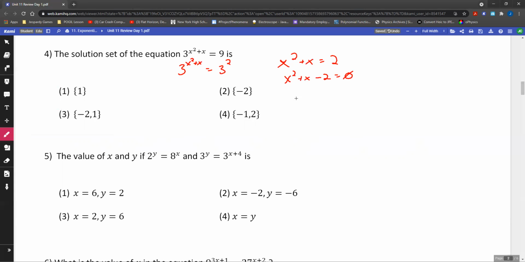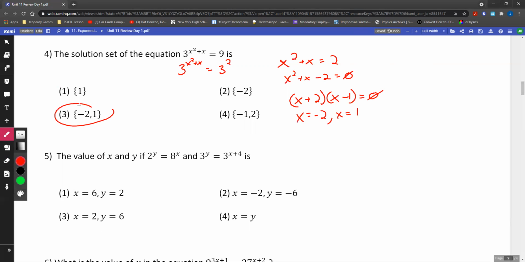So this factors into x plus 2 times x minus 1. From here, I get x equals negative 2 and x equals 1. Typically, you want to just double check, but neither of these should break the equation. So my answer would be choice 3.